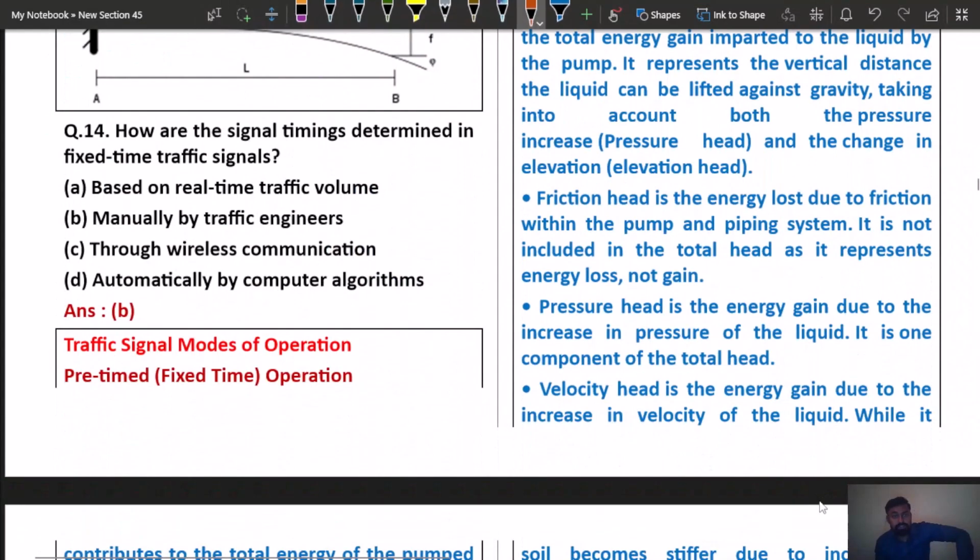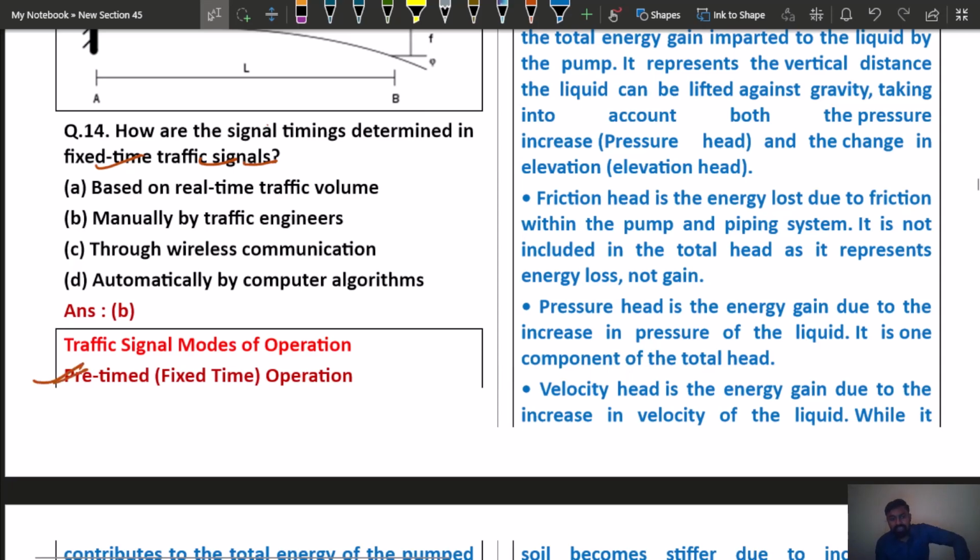How are the signal timings determined in the fixed time traffic signal? The question is asking by which method the signal timing will be determined in the fixed time traffic signal. Options are given: based on real time traffic volume, manipulated by traffic engineer, through wireless communication, automatically by computer algorithms. There are different modes of operation for the traffic signal.